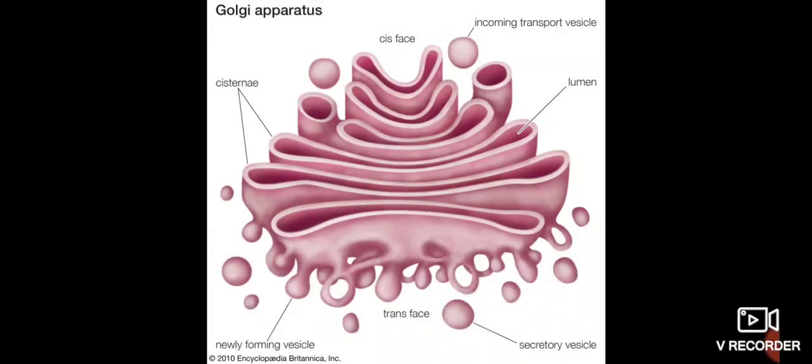These vesicles are coming from the endoplasmic reticulum, and these form cisternae like that. The materials transported will be stored here, and once these are in full quantity, they will be packed in the vesicles and transported outside the cell.